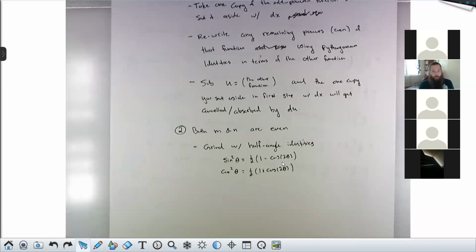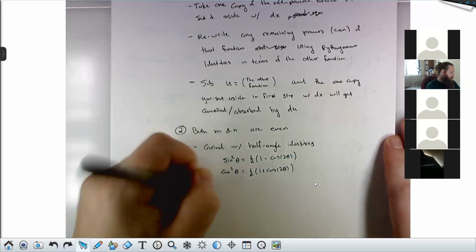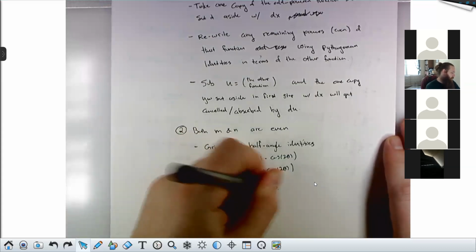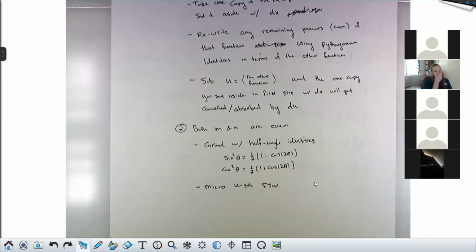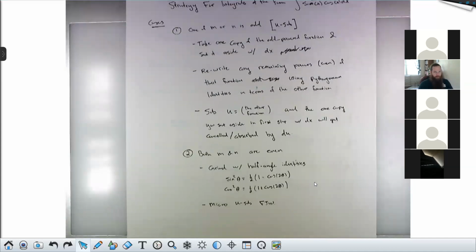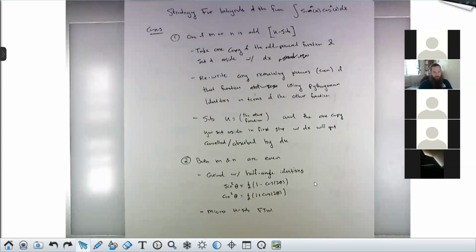That's convenient because it will turn everything into cosines, and it will also get rid of the even powers. You may have to apply these multiple times, like you saw in that last example, and then micro u subs for the win. So this is how you integrate any power of sine times any power of cosine.